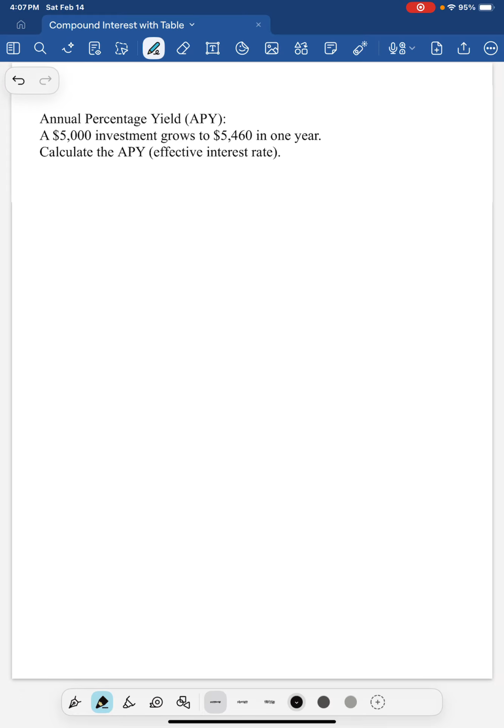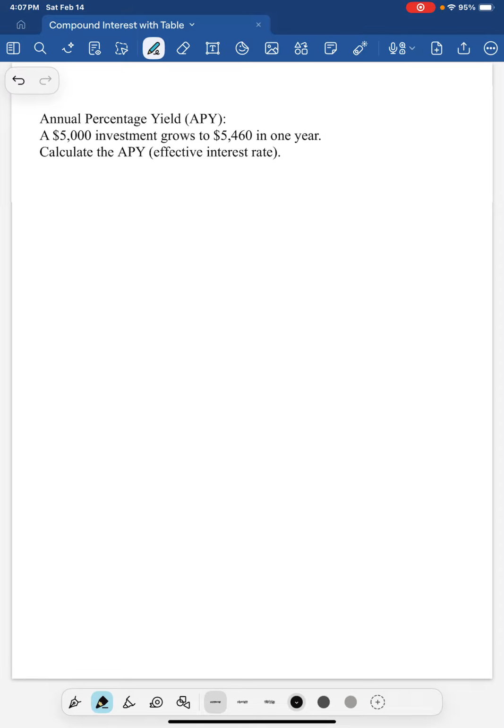This is the annual percentage yield. We have a $5,000 investment that grows to $5,460 in 1 year. Now, the annual percentage yield, the APY, is the actual rate that you effectively earn in 1 year, taking compounding into account, okay?